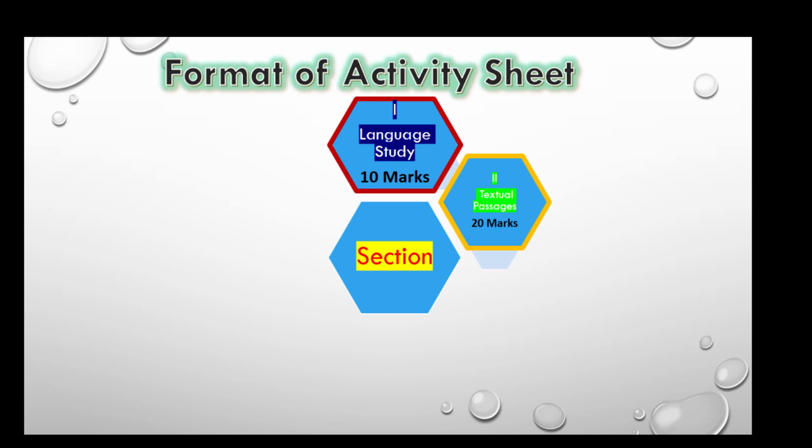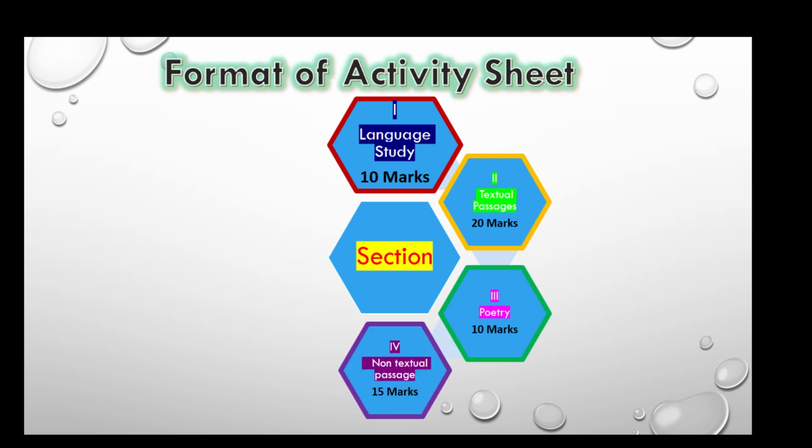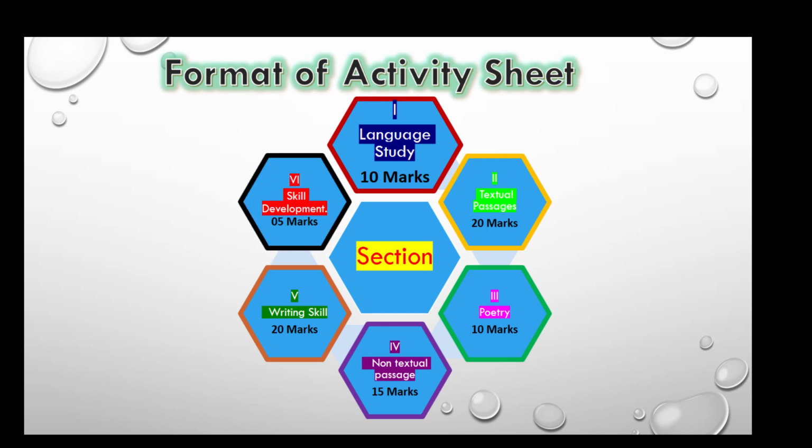Third section, poetry for 10 marks. Section number 4 is non-textual passage for 15 marks. Next, section number 5 is for 20 marks, and this is writing skill. And last section is number 6, skill development, and weightage is 5 marks.